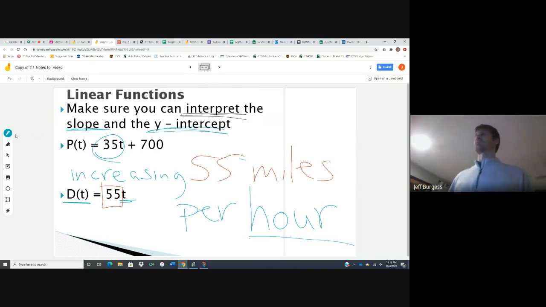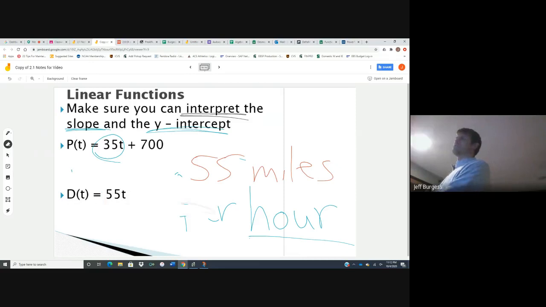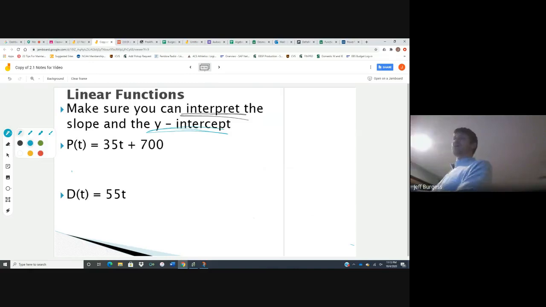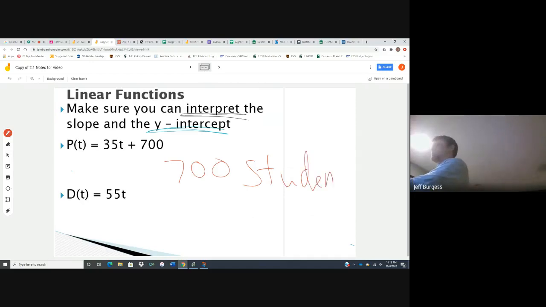Okay, so now let's talk about interpreting your slope. Like I said, we just don't want to say our y-intercept is 700. 700 what? Right, 700 what? So obviously here we're talking about population. You can't just say 700 students.